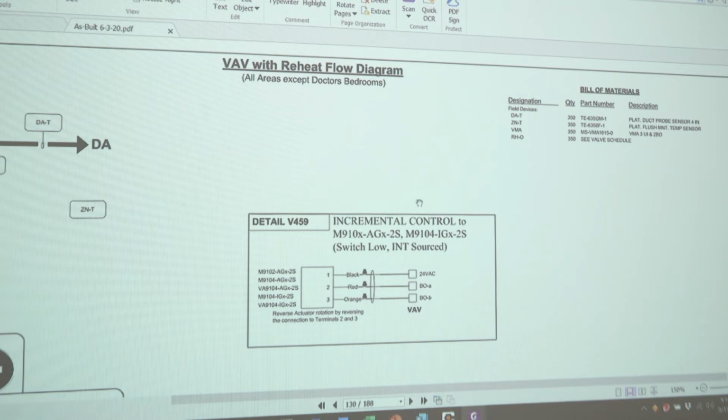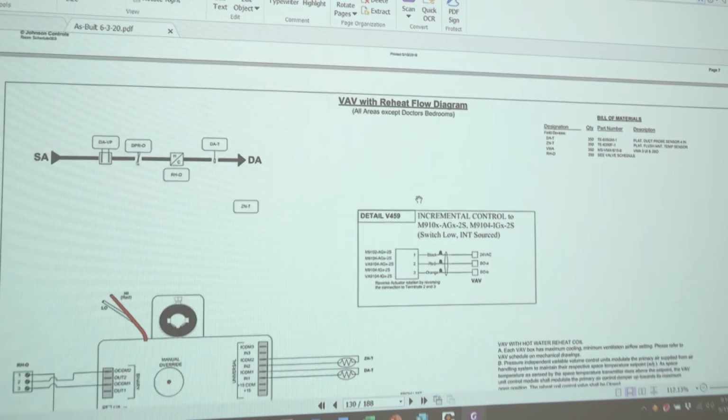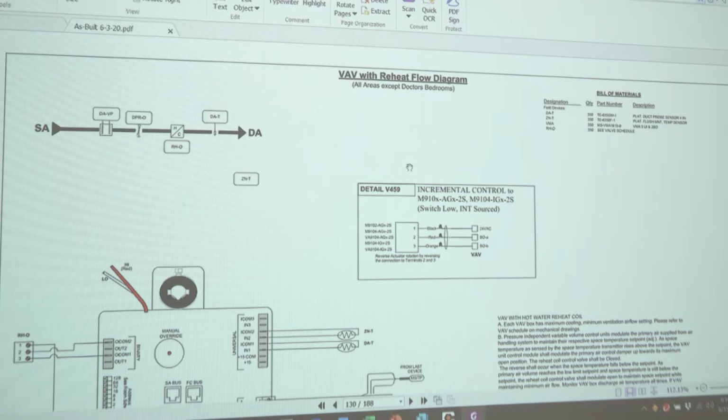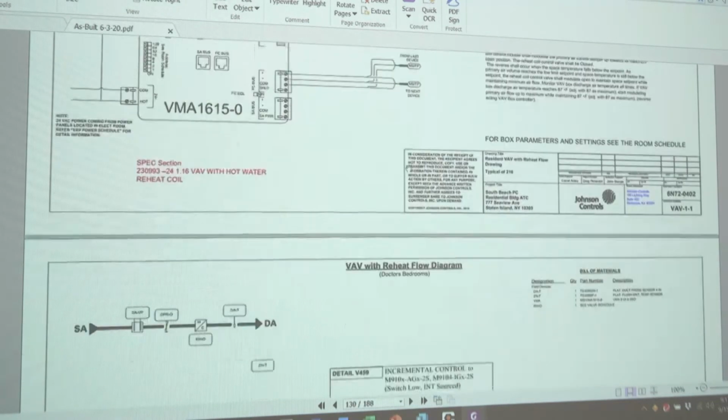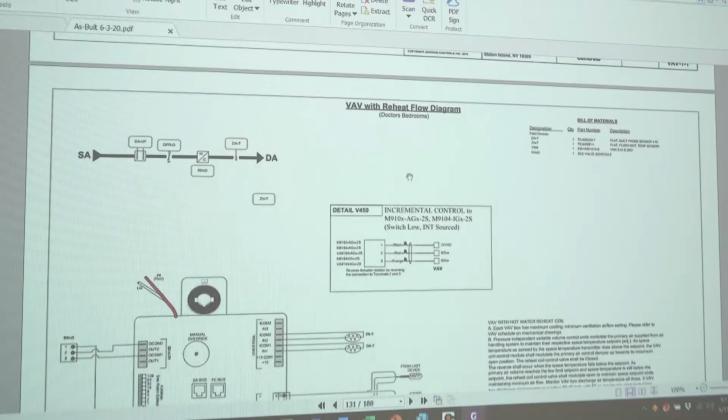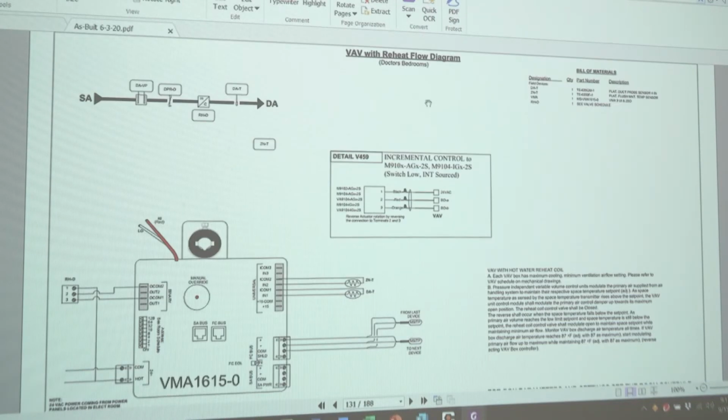You'll see that each one of these flow diagrams that I show you are very similar. The difference that you're going to find is that when you get into spaces where the security range changes, where doctors and stuff are located, the zone sensors themselves will have a readout on them.